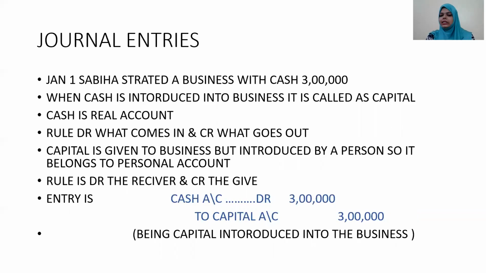So we see the example right over here, that in the transaction, cash account is debited 3 lakh rupees to capital account, as capital is always credited and capital belongs to the personal account. The rule for the personal account is debit the receiver and credit the giver. And cash is introduced, so cash is a real account, cash is a current asset, and all current assets belong to tangible real accounts. The rule for the real account is debit what comes in and credit what goes out.